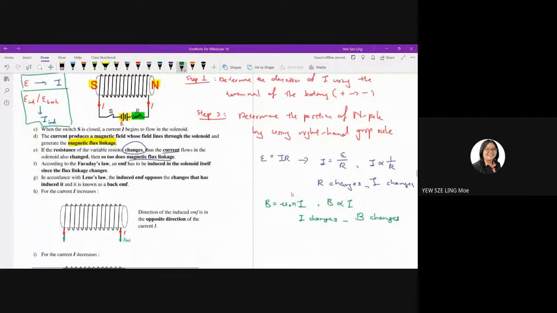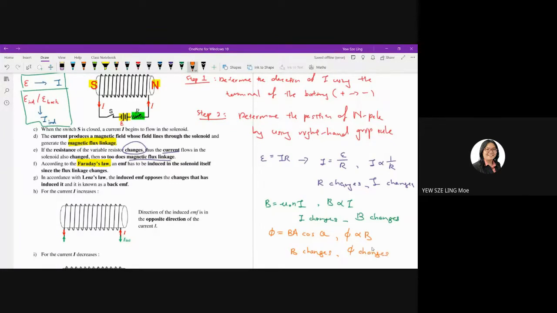Now, if B changes, according to Faraday's law, what is going to happen? An EMF has to be induced in the solenoid since the flux changes. So because your B changes, what happens next? We have flux equals BA cos theta, where, again, phi is proportional to B. If B changes, then flux changes.